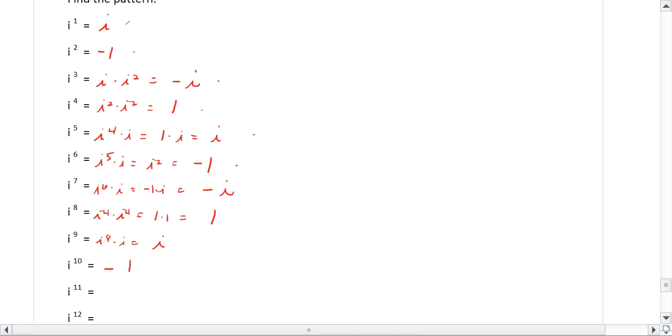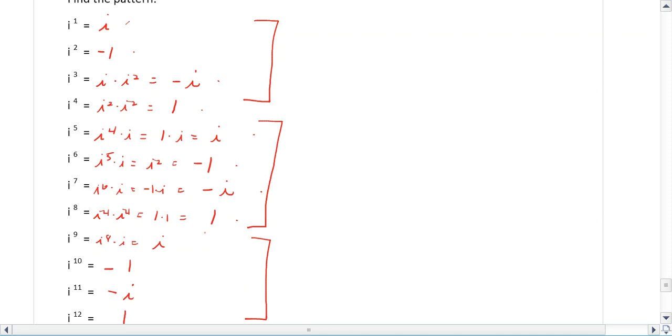There seem to be 4 answers that are repeating over and over again. And this would hold true no matter how high you went. So we need to kind of describe this pattern.